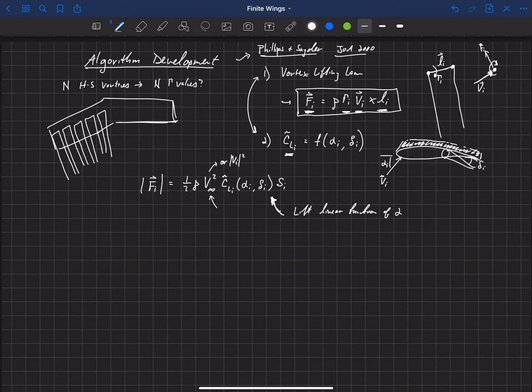But the point I want to make here is that in this algorithm, we can actually just say that lift coefficient is a function of alpha and delta I. And this is a little bit more powerful because this allows us to take into account nonlinearities in lift as a function of angle of attack or delta, and actually even use experimental data and begin to capture some of the effects of stall, where the traditional classical form of lifting line theory was unable to do that because it assumed that lift is a linear function of alpha.